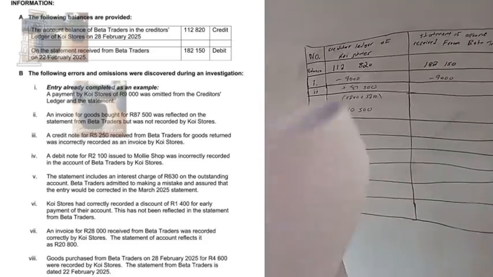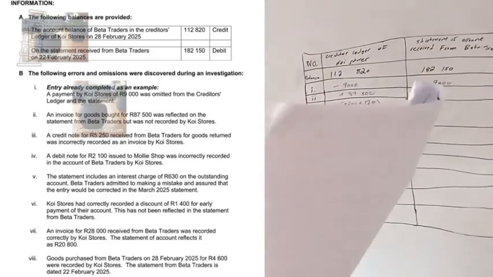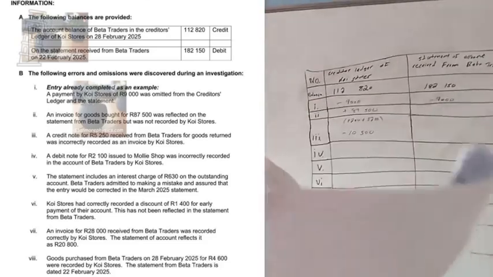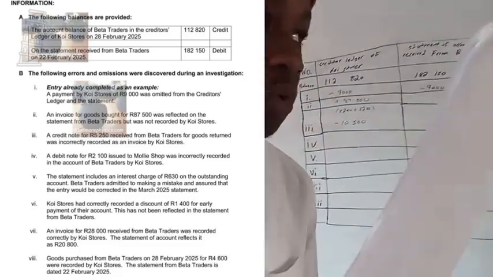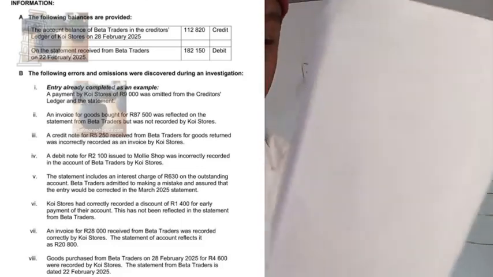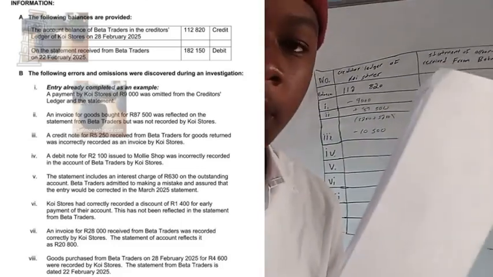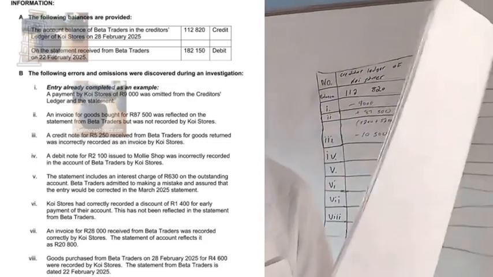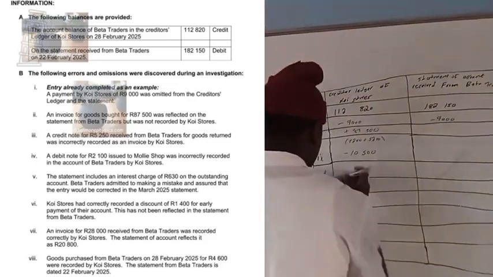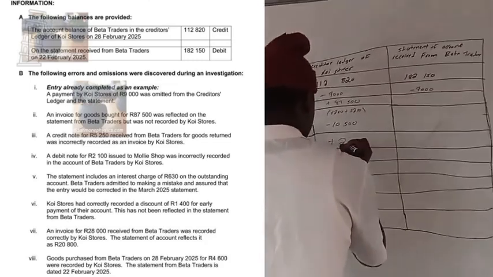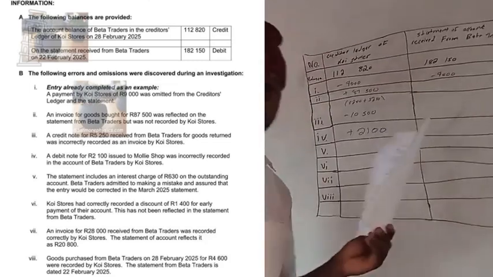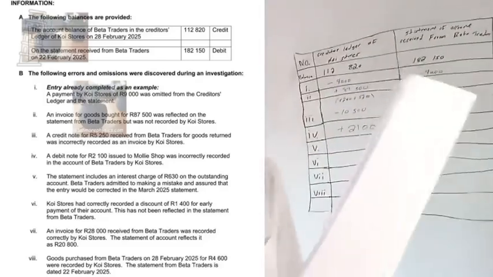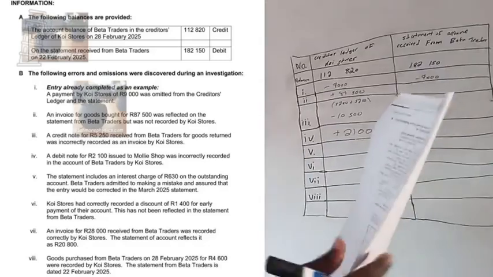So we must add it, plus 2,100, because we minused 2,100 from Beta Traders, and we were supposed to minus it from who? Molly Shop, not Beta Traders. So we add it because we minused it by mistake. So we plus 2,100. If you guys don't understand anything, don't be shy. Don't be scared to ask. Comment and then I'll explain it.